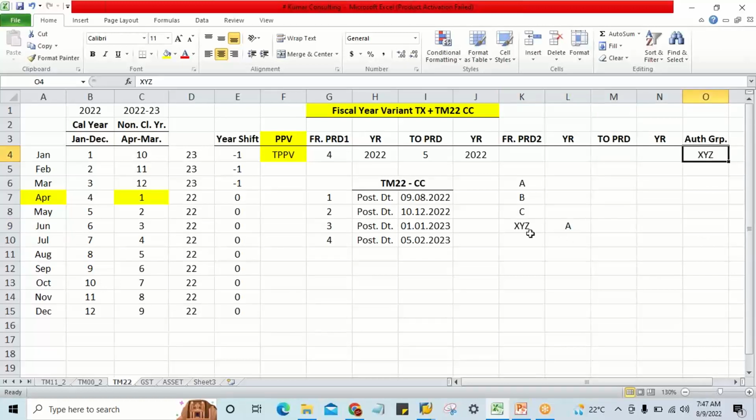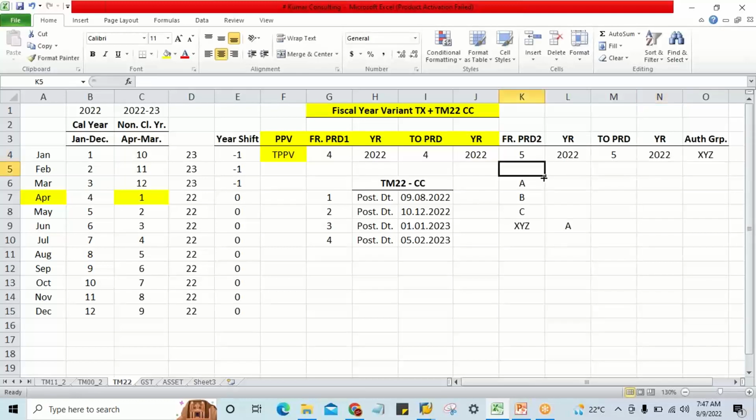So what happened? The authorization group is created, and when the authorization group is created, then from period 1 will be reserved for this authorization group. So here the fourth period is going to be open, and here the fifth period is going to be open. Now here what is happening?